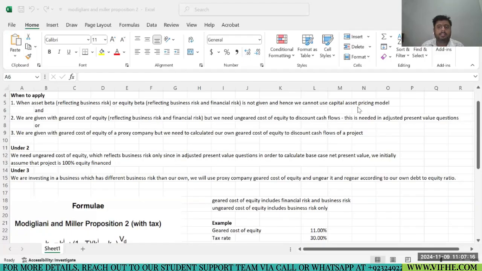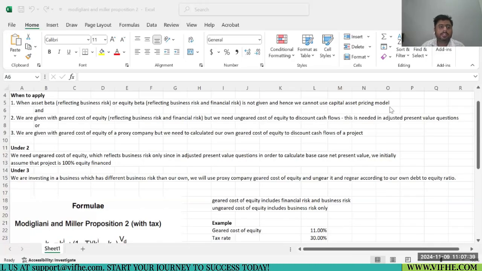Otherwise, we can use the capital asset pricing model, that is, risk-free rate of return plus beta multiplied by risk premium, to find the cost of equity. But for example, in a question you need the cost of equity, but there is no information about asset beta or equity beta, which is needed in the CAPM formula.